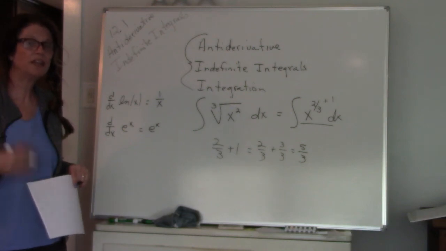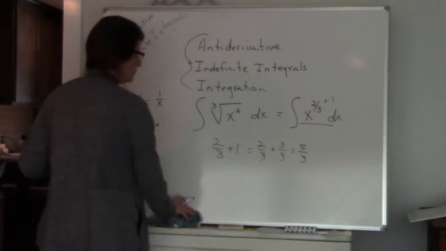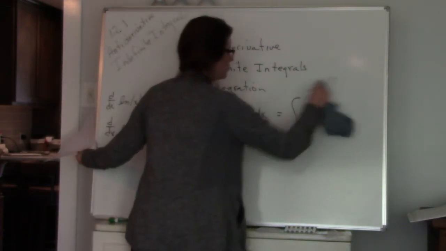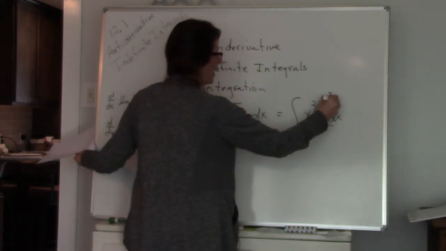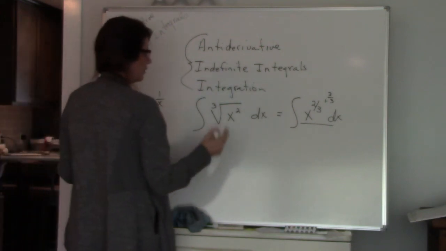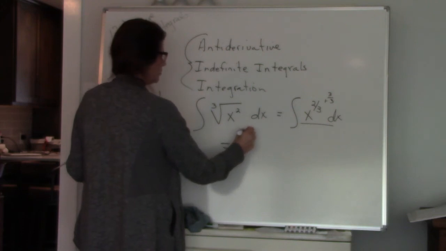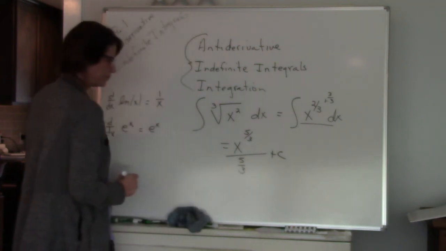All right, and you want to keep it as a fraction. Do not change it to a decimal. Okay? All right, so what I do is when I know I'm working with a fraction, I'm adding 1, so I just change that 1 to a fraction right away, depending on what my denominator is. So this ends up being x to the 5/3 divided by 5/3 plus c.